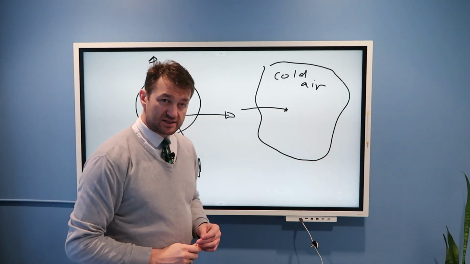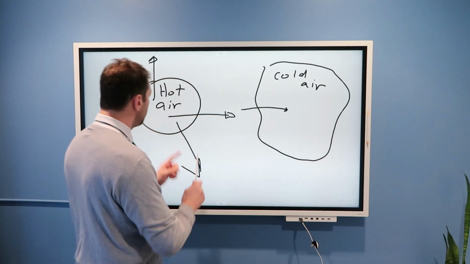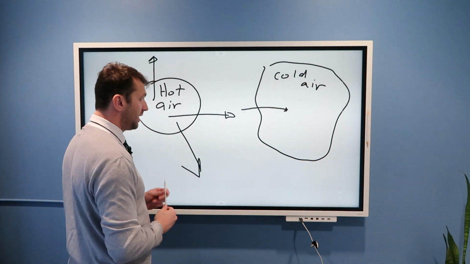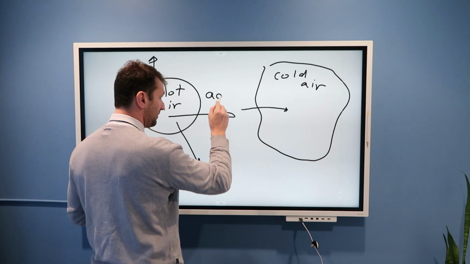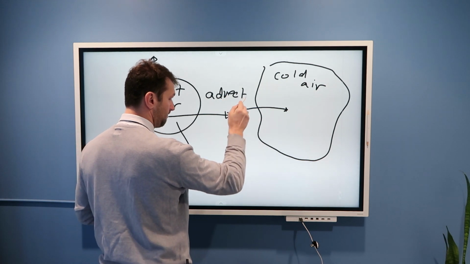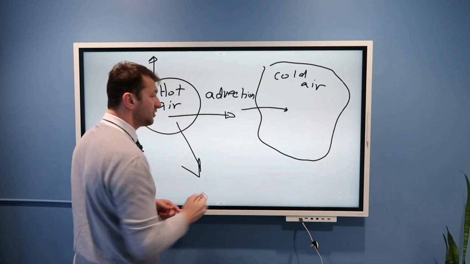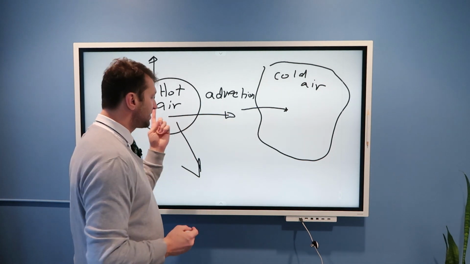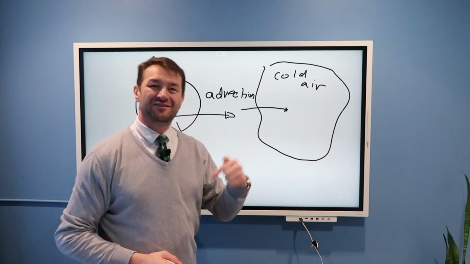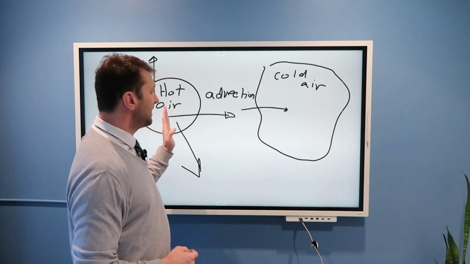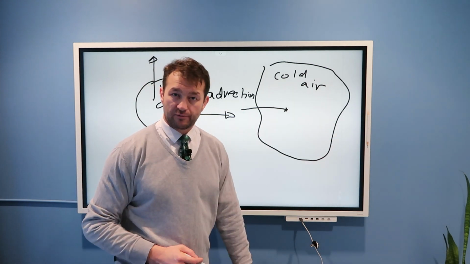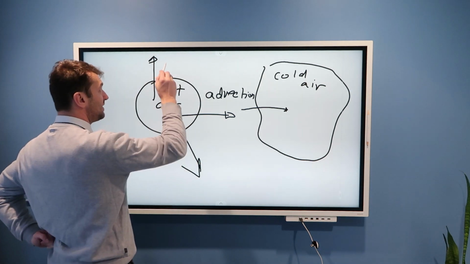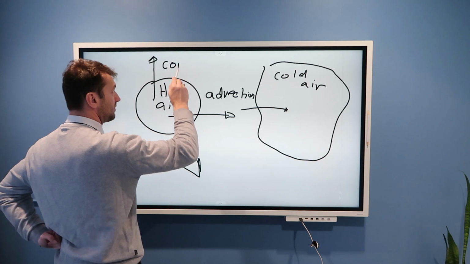In atmospheric sciences, this transfer of heat by moving fluid is called advection if it is in horizontal direction. Any horizontal direction, this transfer of heat is called advection. Wind is advecting the temperature field, for example. If it is in vertical direction, then we call it convection.